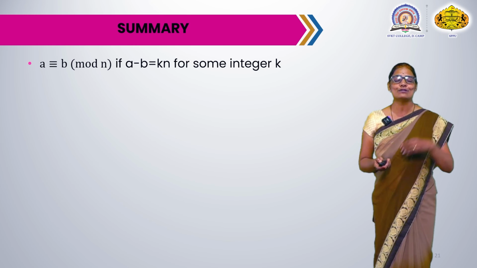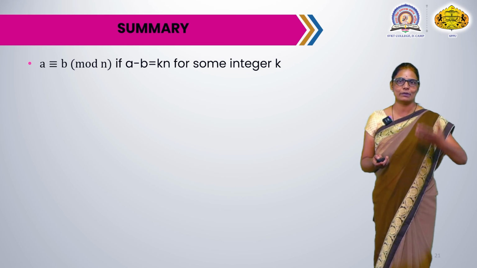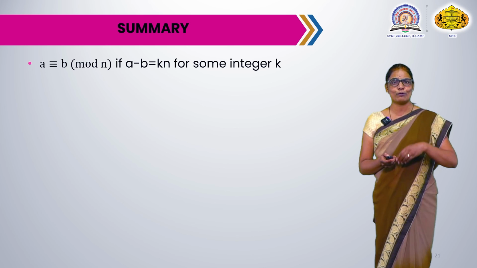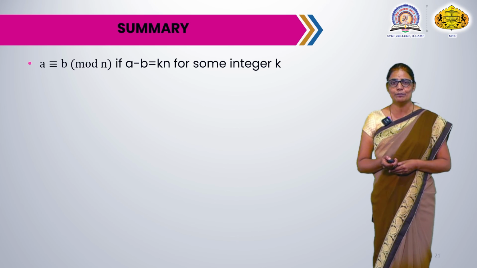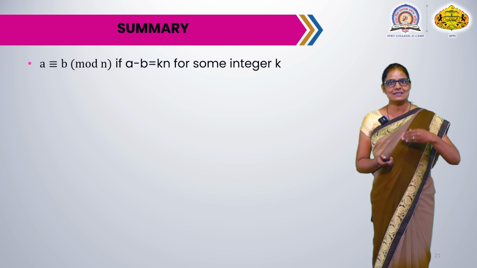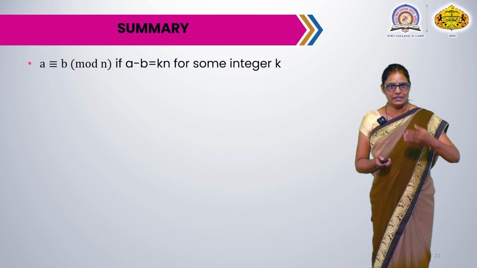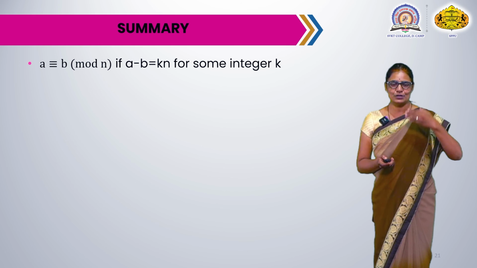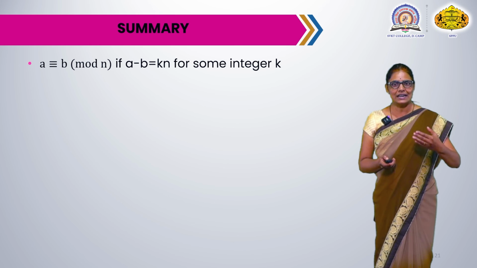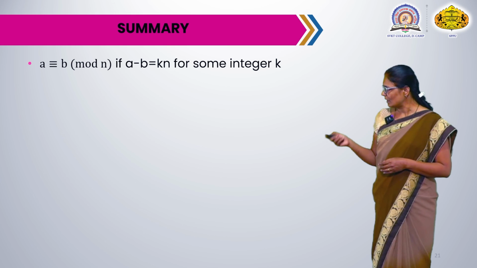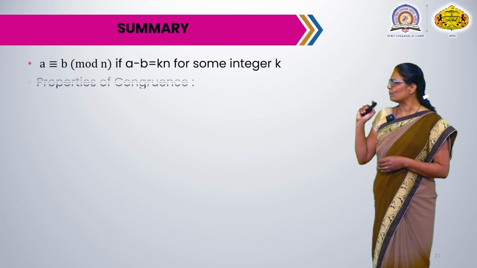After that we studied the basic elementary properties of congruence, and these properties are very easy to remember. They are similar to the reflexive, symmetric and transitive relations, and some properties are just like equations. Let us recall them again.